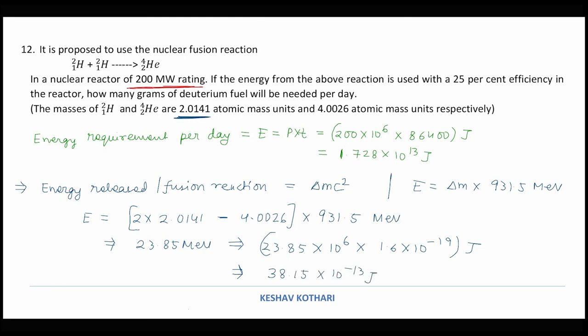Now, using the energy requirement per day and the energy released per fusion reaction, we calculate the number of fusion reactions required. All we need to do is divide these values.